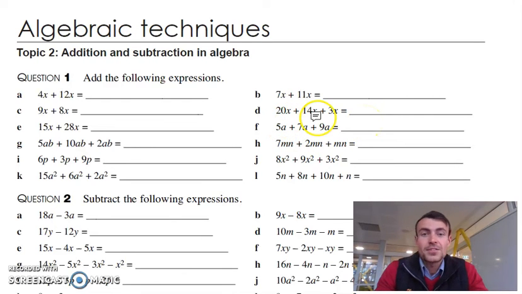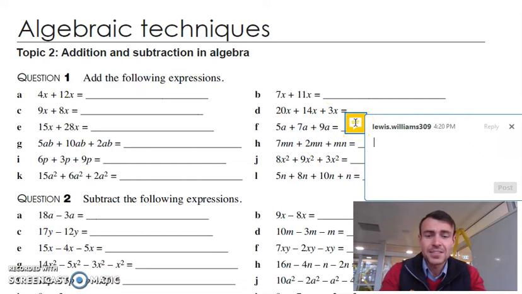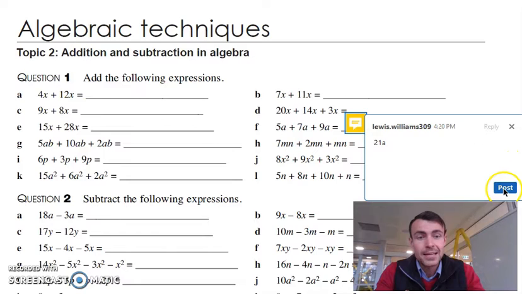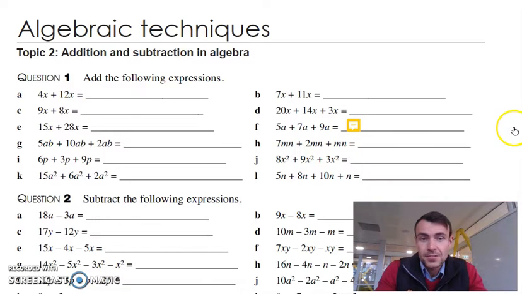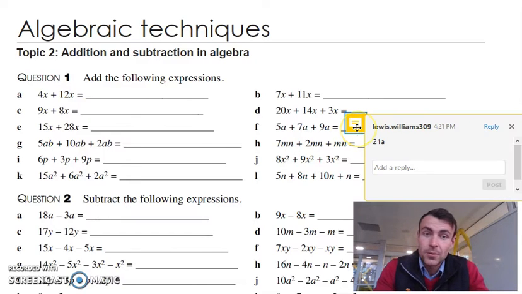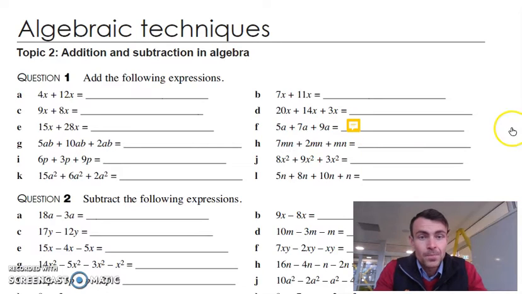So 5 plus 7 is 12, plus another 9 is 21. My answer is going to be 21 apples, or 21A. And that's what you'd write in.